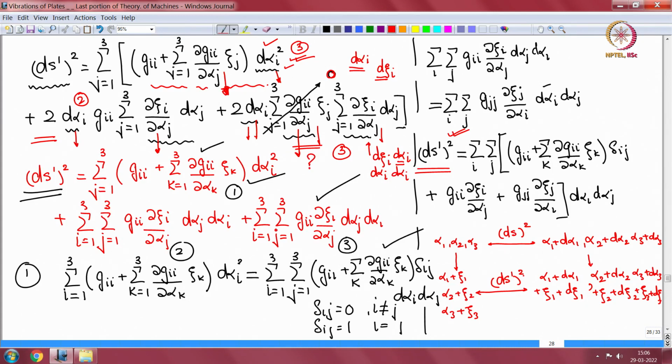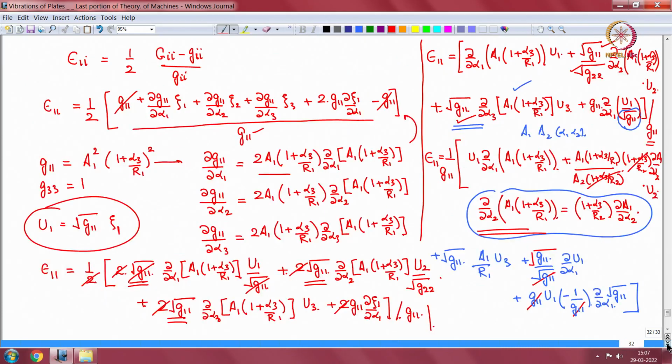So by comparison, this term has one d xi I, one d alpha I, whereas this term has d alpha I twice, and so we drop this term over here. In case you are wondering why we dropped this term, I just wanted to say that in the beginning.